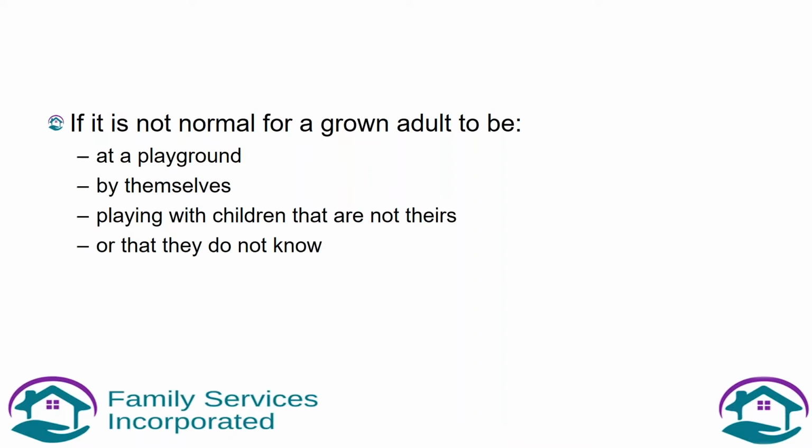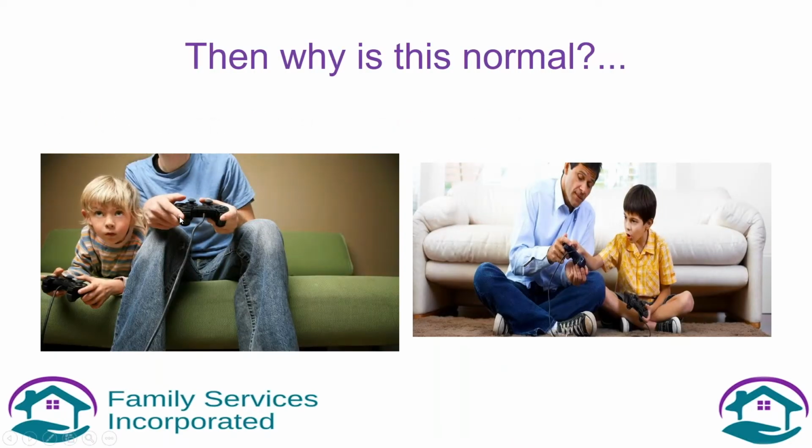It's not socially acceptable for a grown man to just be hanging out at a playground and playing with children. So if that is true, then why is this so normal? Why is it common for grown men and women to be playing online video games with children, where they have direct contact with them through the internet?